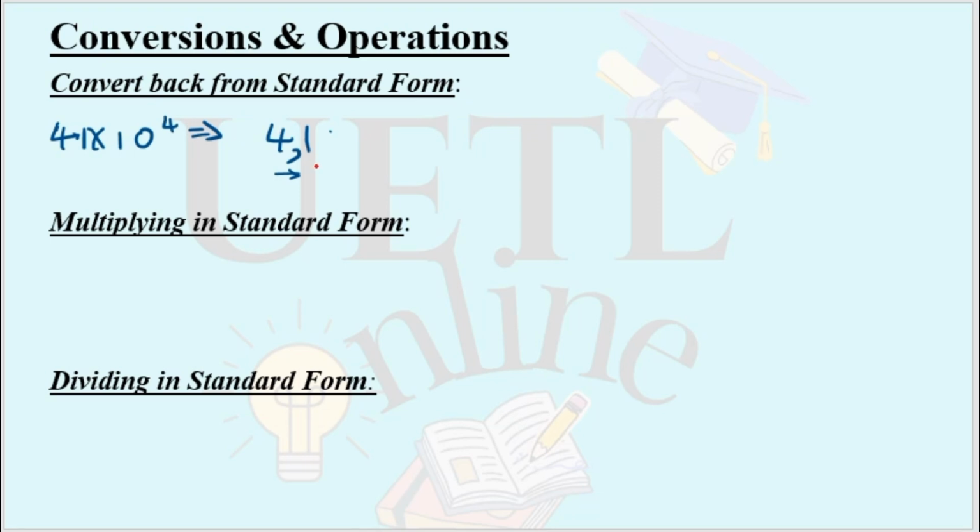Comma was supposed to be here. So here we're going to count 1 step, then there is no number here, so put 0, 2, 3, 4. There is no number here, 0, 0. This means that our number is going to change to 4, 1, 0, 0, 0. So this is 4.1 times 10 to the power 4.